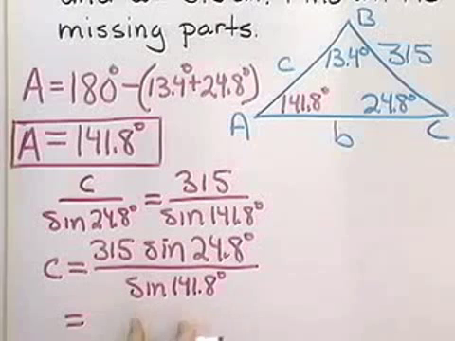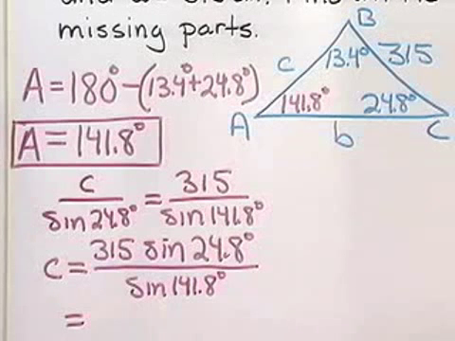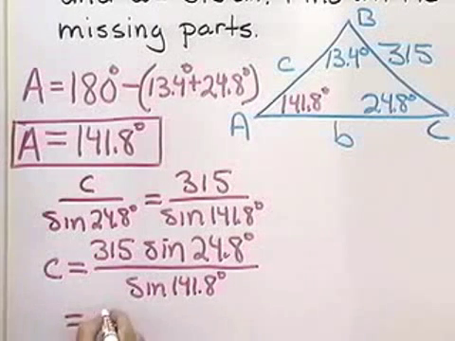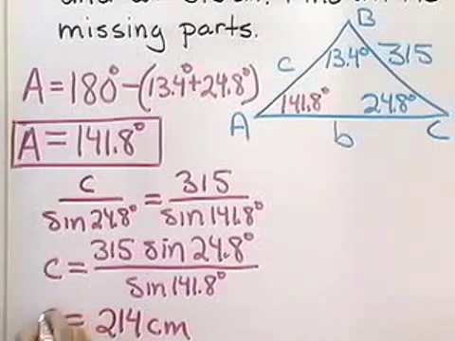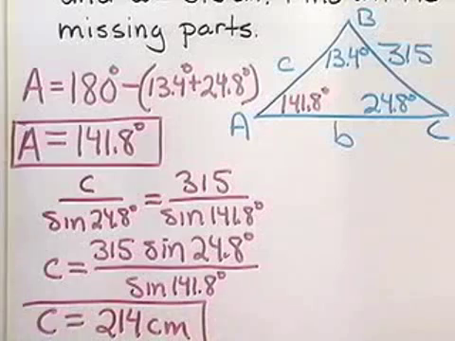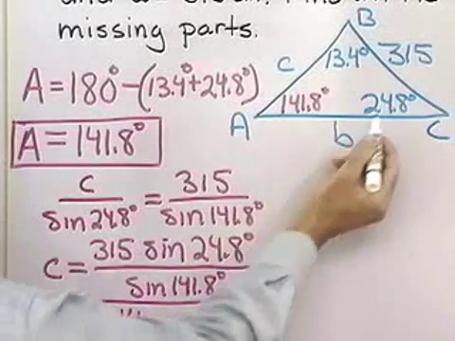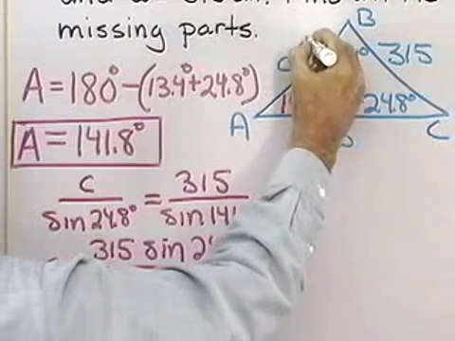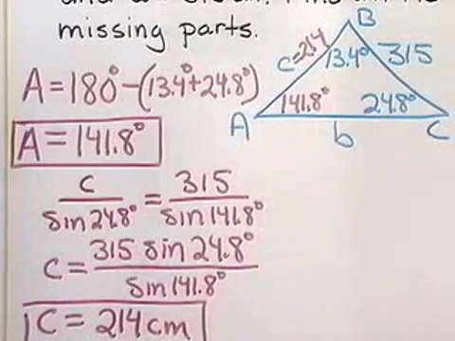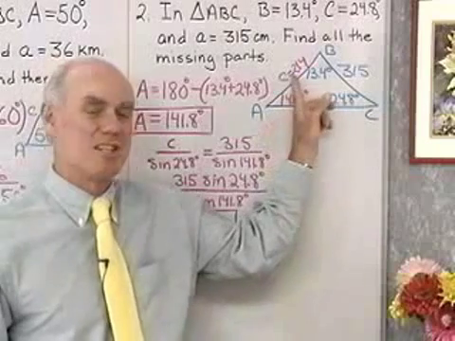Now, I worked this out on a calculator, and that comes out to be, to 3 significant digits, 214 centimeters. So 214 centimeters for the length of side c. If I go up to my original triangle, I can label this as 214 centimeters for the length of my side c.